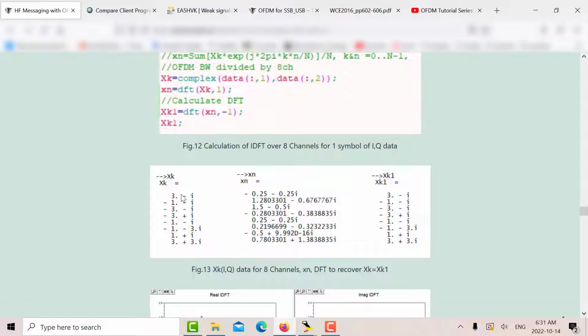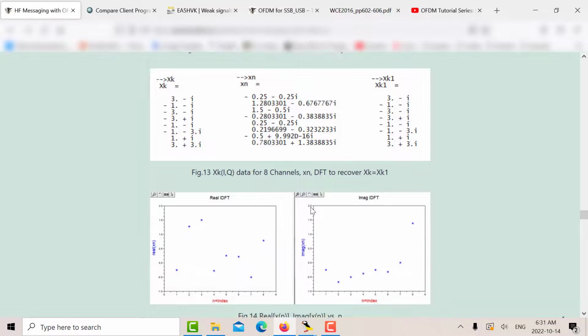I think I took the second from the PRBS generators. I had 8 of them. So I took the second symbol for each one of them, and that's the I and the Q data. So I took that, went into the IDFT transform to get XN, and I did the reverse transform to see if I could get the original symbols back, and that worked, so that's good. And then I split this up into real and imaginary parts.